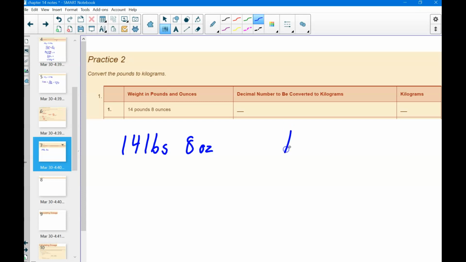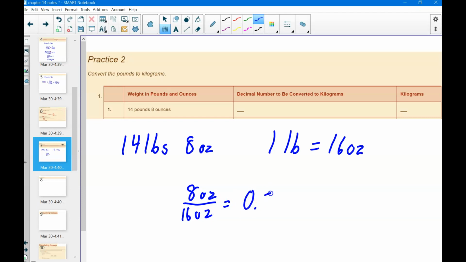So we know that 1 pound equals 16 ounces. All we've got to do is take the 8 ounces and divide by 16. We see that it's 1/2. So the answer is 14.5 pounds.